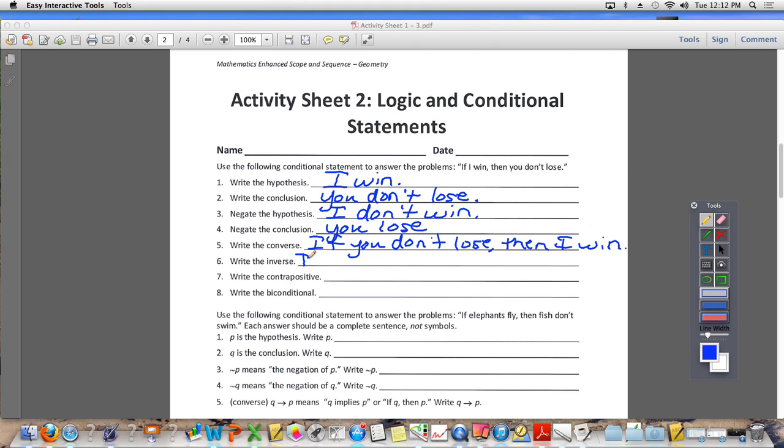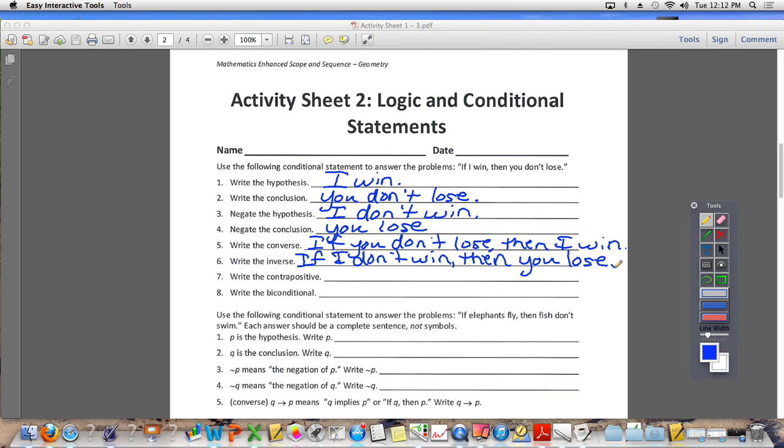"I don't win." So if I don't win, then what happens? Then you lose. Very good. You have to take the negation of it. And the original statement said you don't lose, you got to get rid of the word don't.